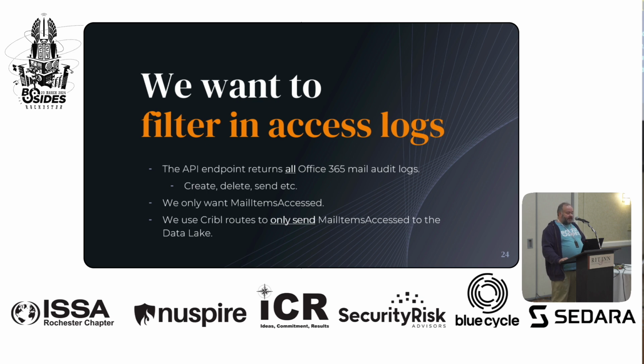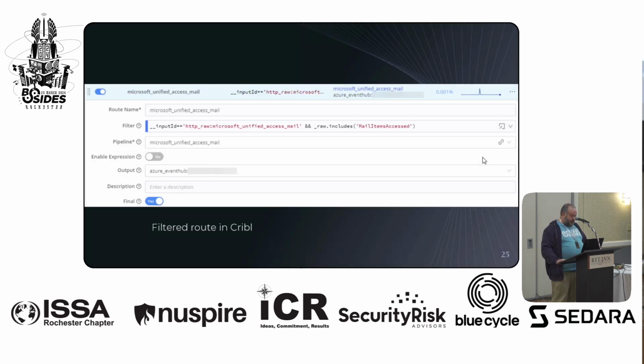So in our case, we used our third-party app, which is Cribl, to configure a route that only sent the mail items accessed logs to our data lake. And it looked kind of like this.